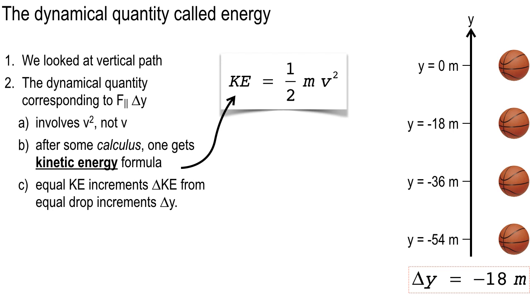So equal increments of kinetic energy are the things that come in equal sized chunks for equal spatial increments delta y.